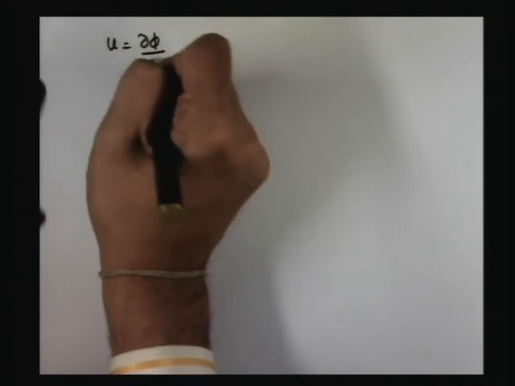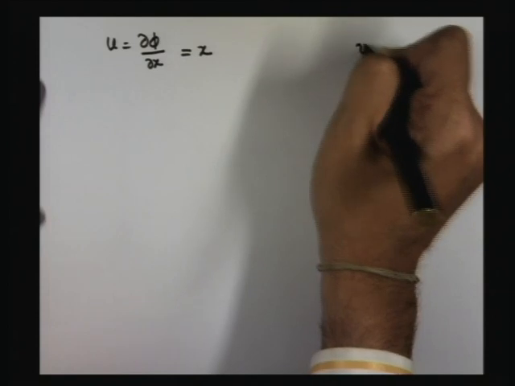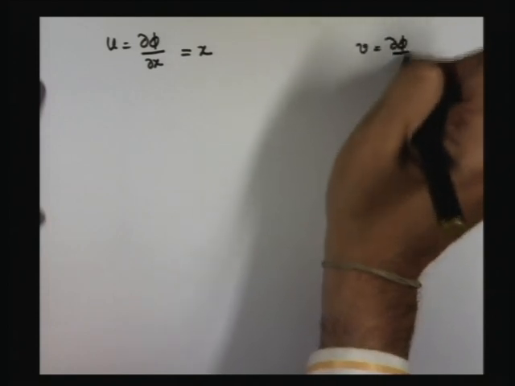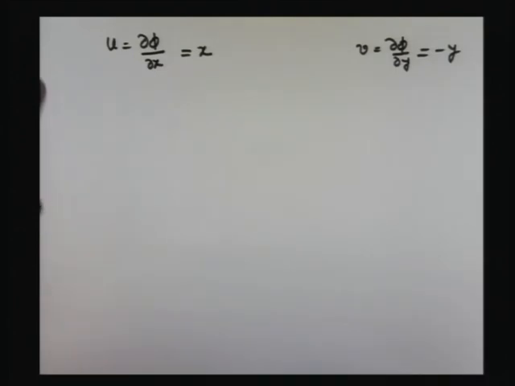So u is equal to del phi del x, which is equal to x, and v is equal to del phi del y, which is equal to minus y. This is what we all know from the given velocity field.